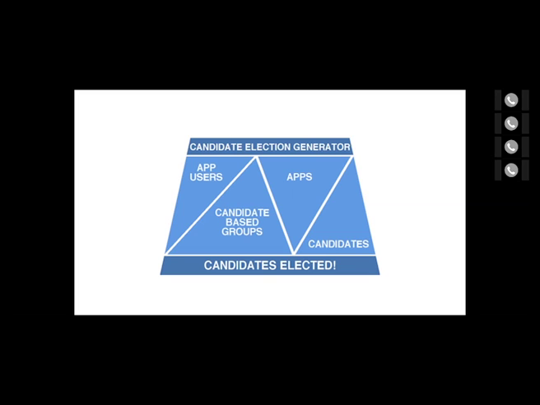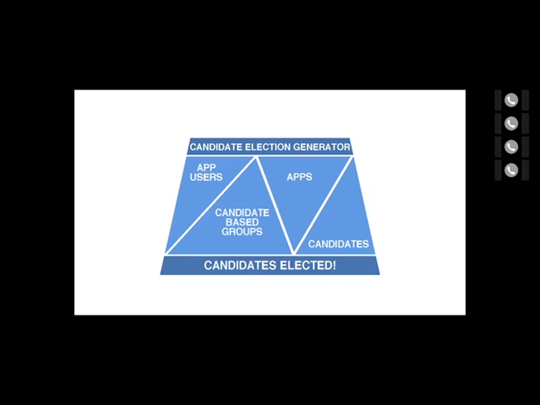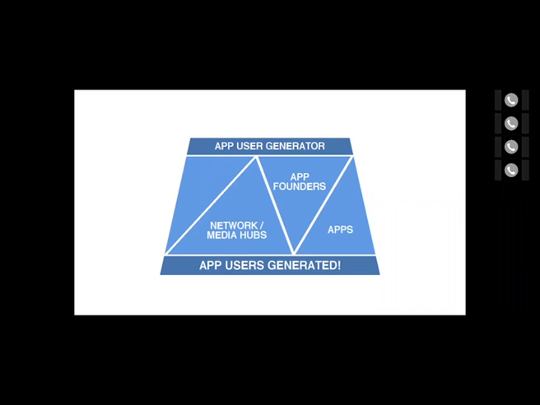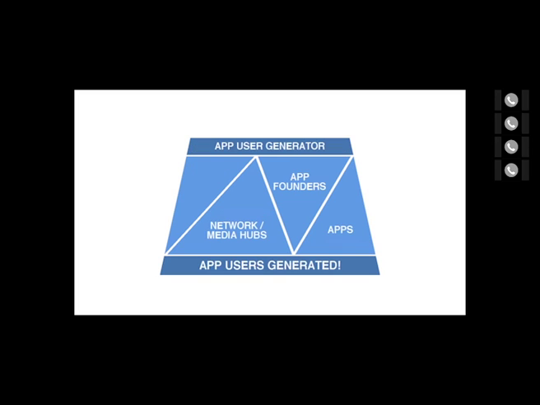So if we look at what happened with the Debbie Wasserman Schultz, Tim Canova election, what we were basically doing was using the app user generator to strengthen the candidate election generator in an attempt to get Tim Canova elected.